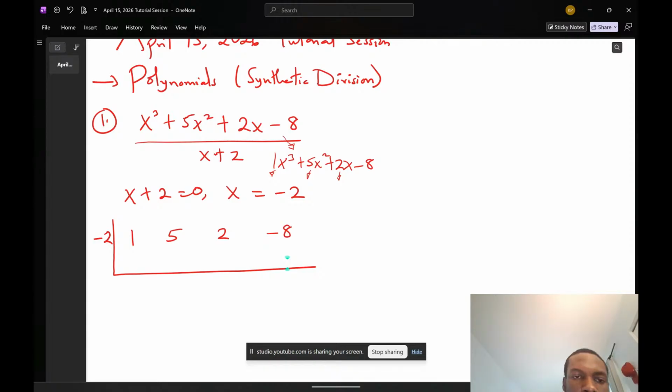Okay. So anytime we want to use synthetic division to divide polynomials, we always bring down the first number in the dividend. The first number here is 1, so we bring it down as 1.